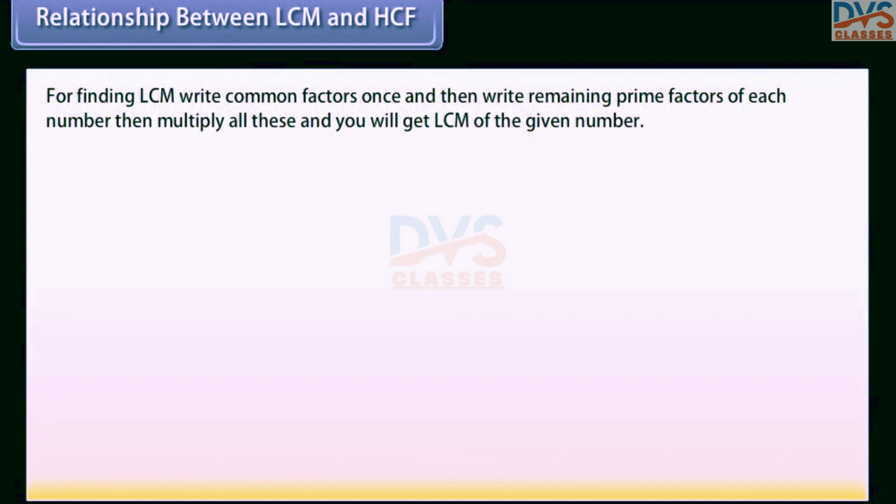For finding LCM, write common factors once and then write the remaining prime factors of each number. Then multiply all these and you will get the LCM of the given numbers. 510 = 2 × 3 × 5 × 17. 276 = 2 × 2 × 3 × 23.